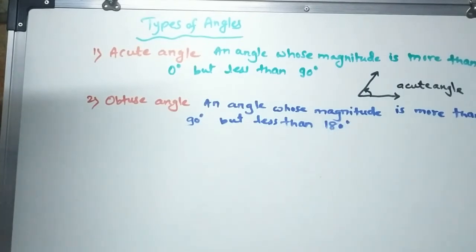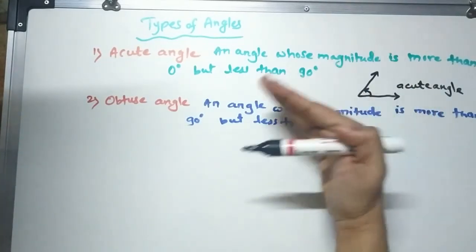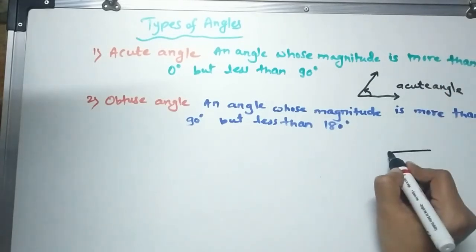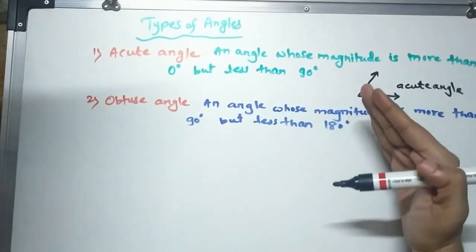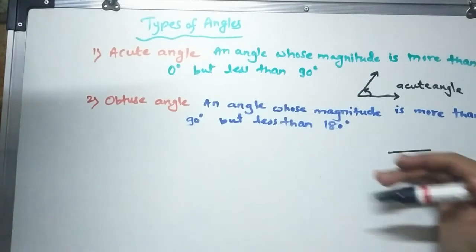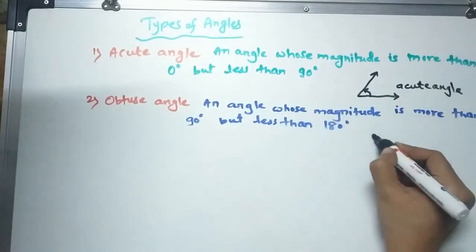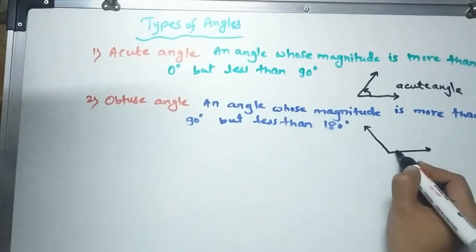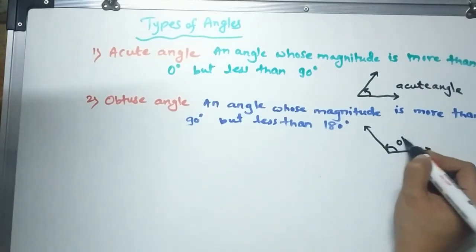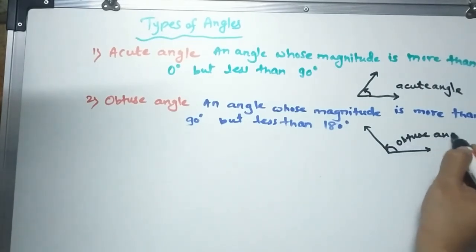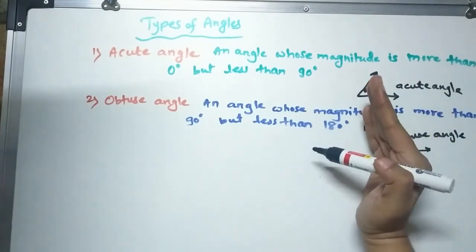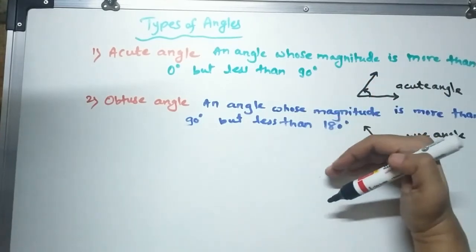So now you have to go more than 90 degree but you need to come less than 180 degree, means it should not be more than 180. So you can reach up to this position. This angle you can say is an obtuse angle as it is more than 90 degree but less than 180 degree.